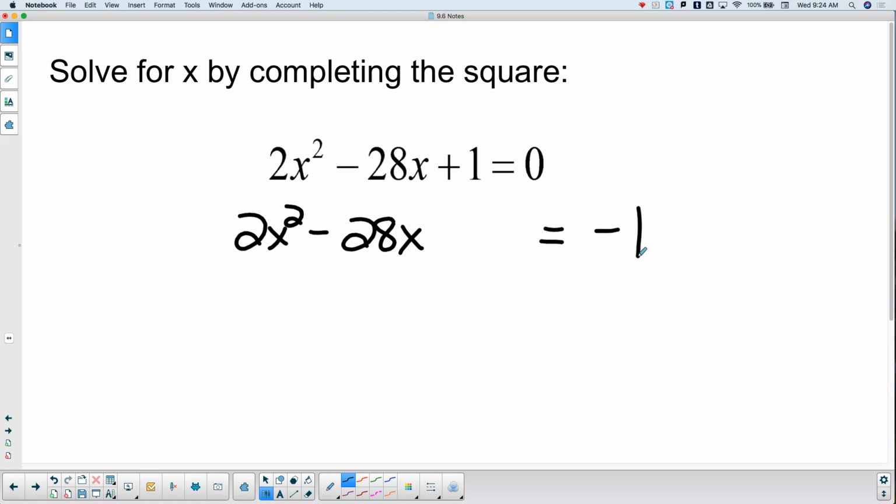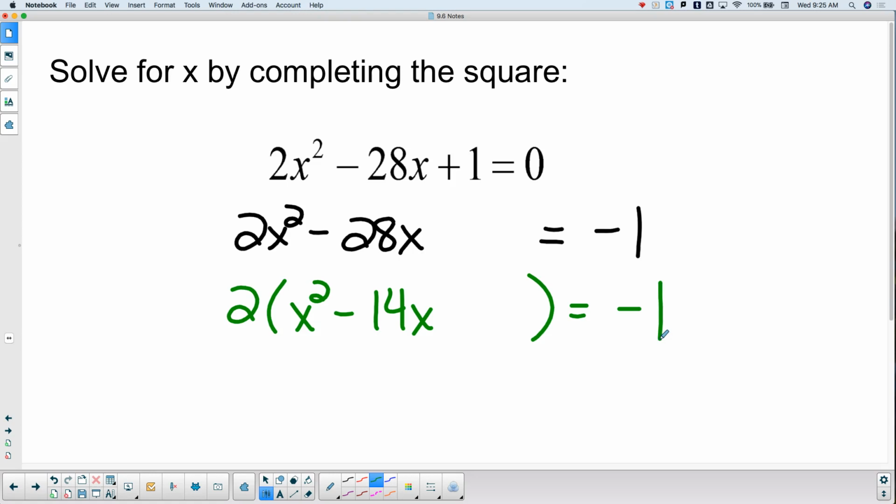Do I need to factor this one on the left side? Why, Sophia? Because my coefficient isn't 1. So if I factor this one, I'm going to factor out a 2, and that leaves me with x squared minus 14x. I still have my space, and it's still equal to -1. Okay?